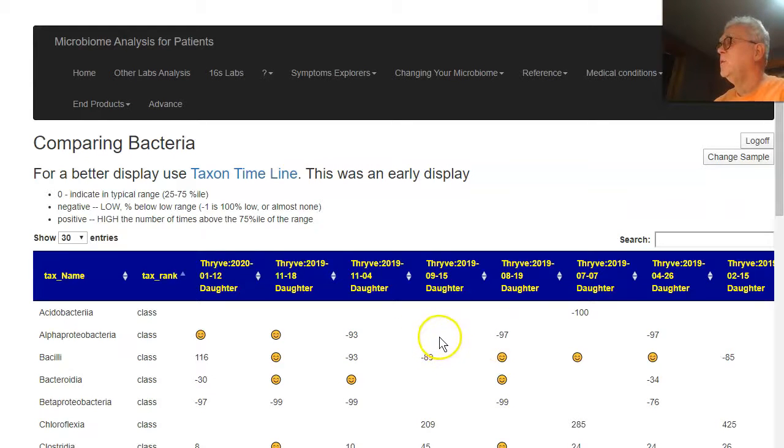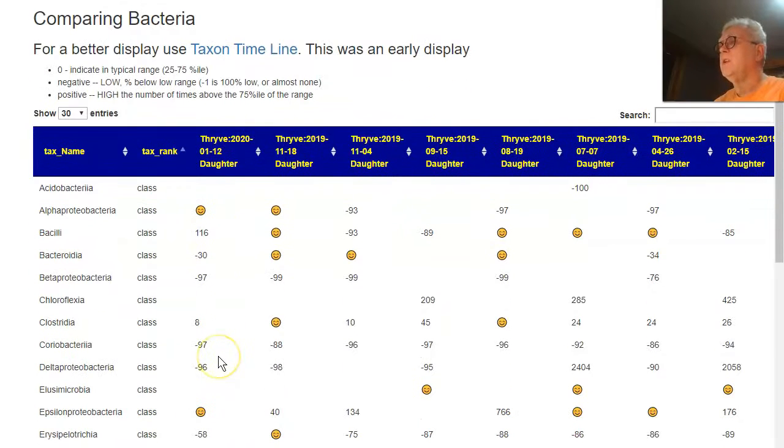Here you have no value, which means there's no measurable value. So we saw a case where the alpha proteobacteria were fine, or now fine, but if you go back time-wise, they weren't. So they have somewhat normalized. A positive number means it's above the 75th percentile, and it's a percentage above the 75th percentile.